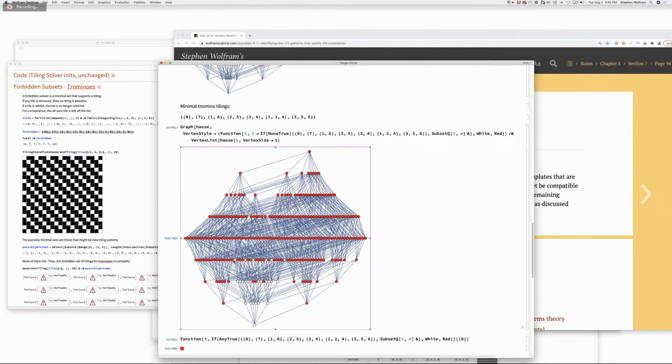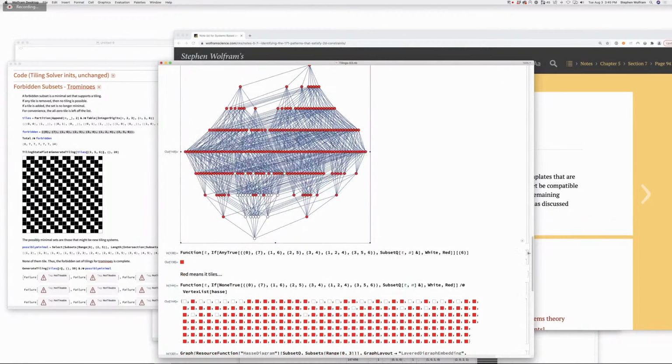With the absolute bottom being nothing. Yes, there are no tiles allowed there. So this is 0 and 7. That's the 0 and 7 tiles. So we could label every one of these elements by a tile set. Right. And that's showing which tile sets.